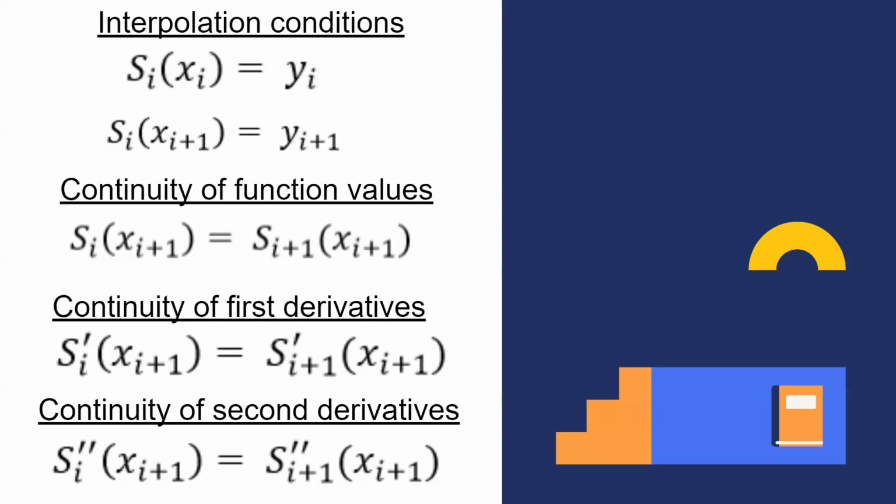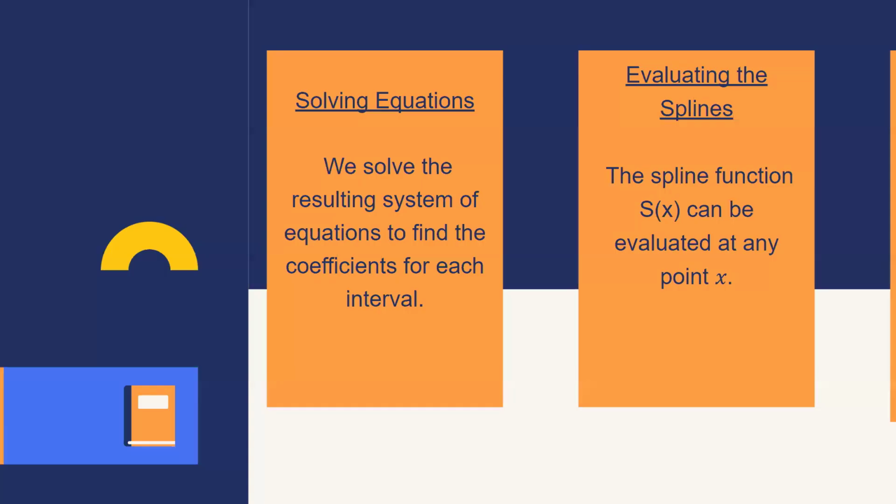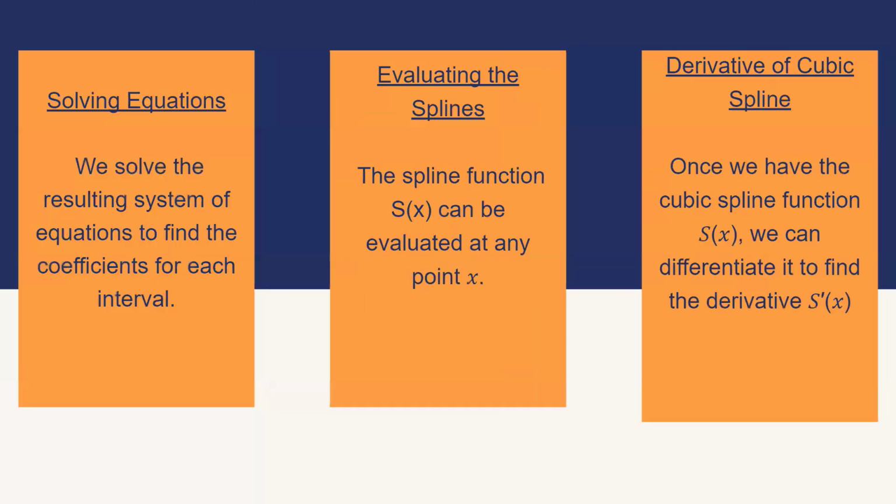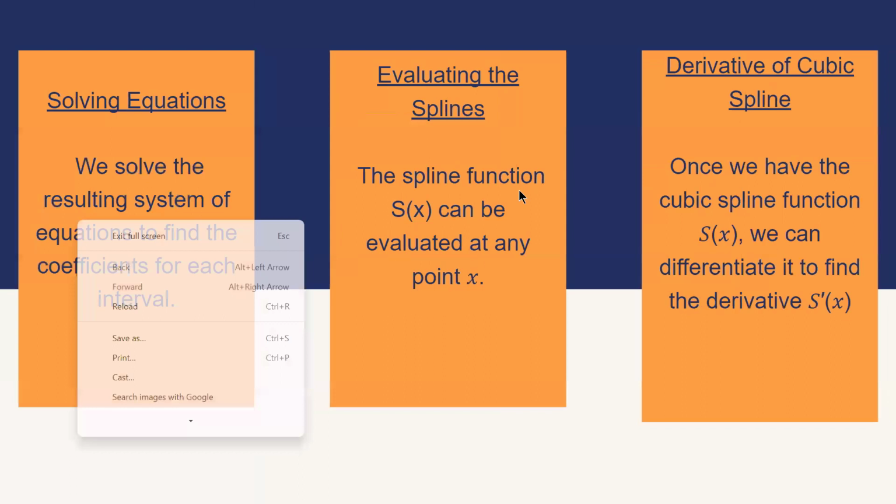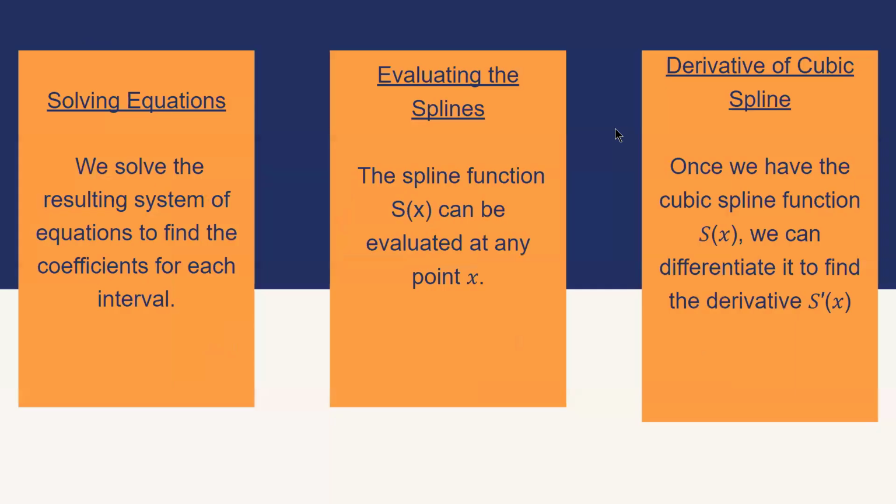And continuity of second derivatives is given by Si''(xi+1) = Si+1''(xi+1). Next is solving equations. We will solve the resulting system of equations in order to find the coefficients ai, bi, ci, and di of the cubic spline function discussed earlier.